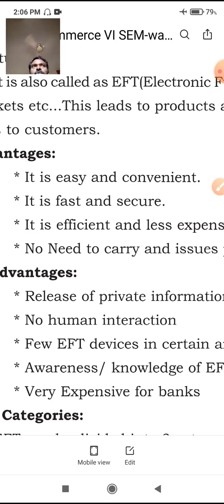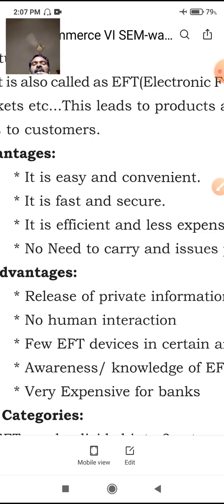For example, say you have to pay 5,000 rupees to a supermarket. You have to go to the supermarket carrying physical cash, which is a risk, and give that cash to the counter, where the salesperson will receive the money, verify it and check it. If it tallies, only then does he say the amount is received.